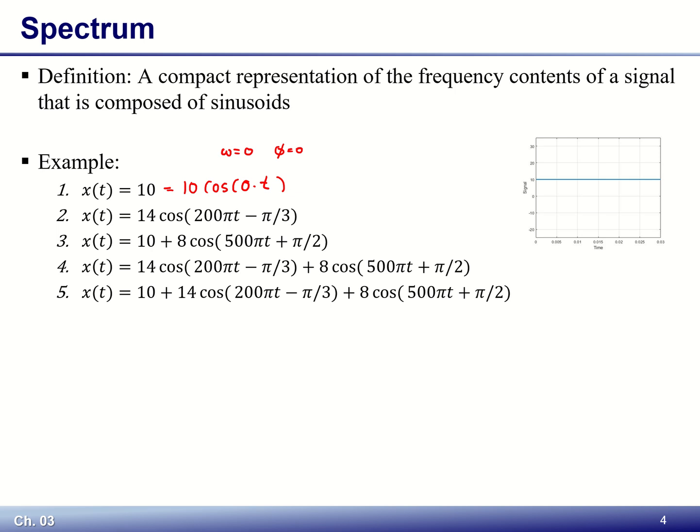When you express it with the Euler formula, it is 10 times 1/2 of exponential(j0t) plus exponential(minus j0t).